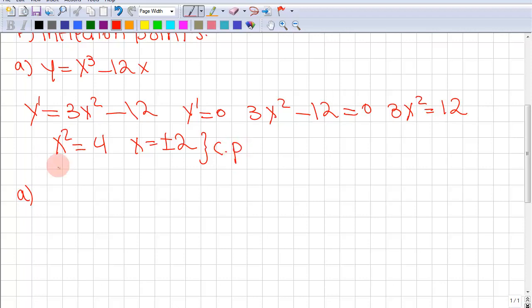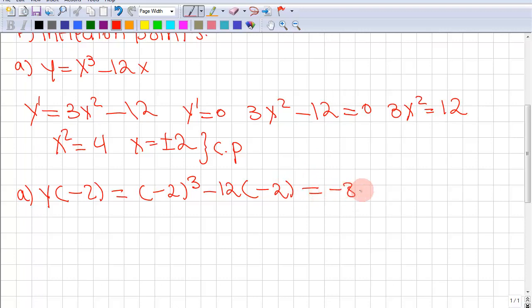Okay, so y of negative 2 is equal to negative 2 cubed minus 12 times negative 2, which is equal to negative 8 plus 24, and that is 16.